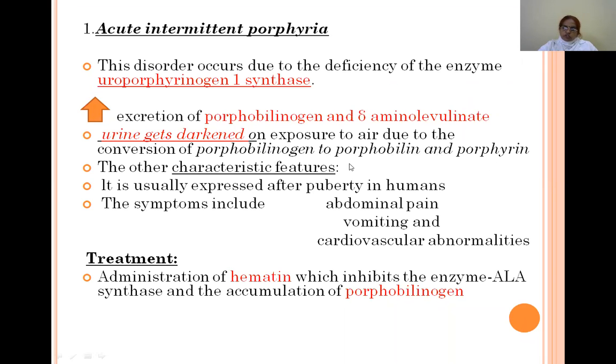It usually expresses after puberty, and the symptoms include abdominal pain, vomiting, and cardiovascular abnormalities.